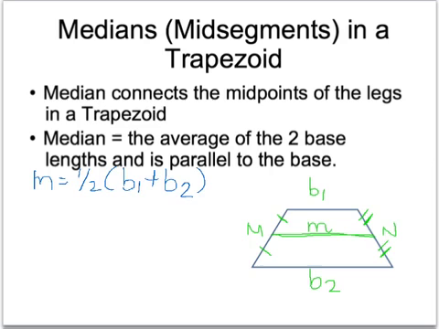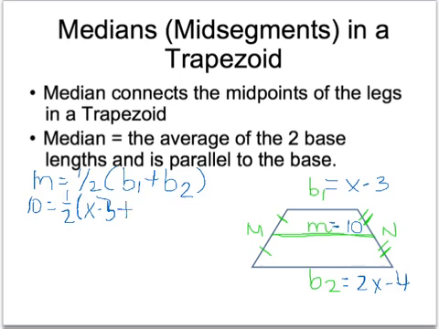So if we did a little example here, if I had base 1 is x minus 3, and base 2 was 2x minus 4, and I knew that my median was 10, I could solve for x. So I would let 10 equal 1/2 times (x minus 3, sorry, still learning this program, plus 2x minus 4). So combining our like terms, we have 10 equals 1/2 times 3x minus 7.